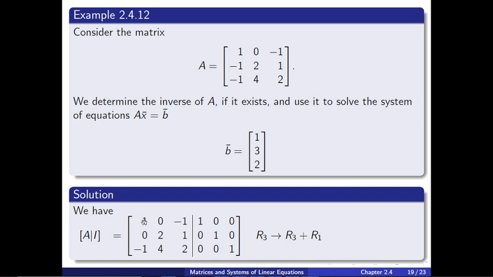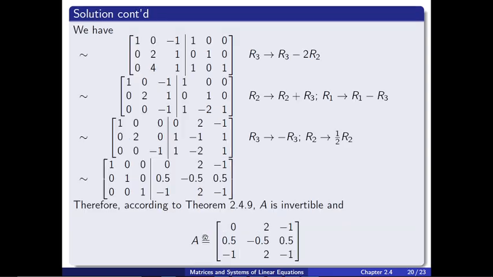And the first step is anything below 1 should be 0. So that one is a 0 already, but that one is not a 0. So we say minus 1 plus 1. So R3 goes to R3 plus R1. And if we do that, we end up with something like this.